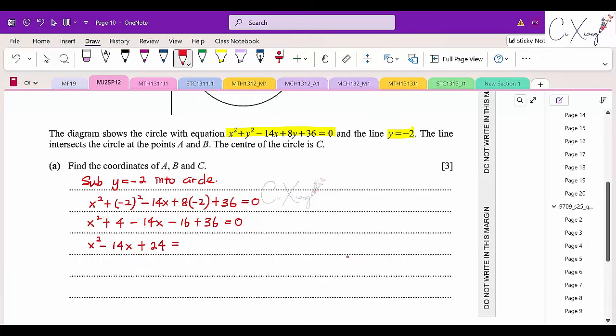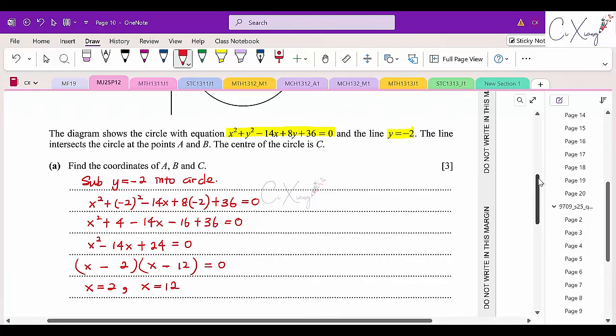Then equals 0. And next, let us try to factorize it and solve for x. I'm having x, then 12 and 2, then minus 12 and minus 2. From here, you'll get x equals 2, and also x equals 12.